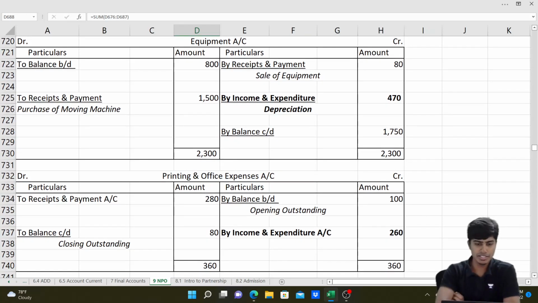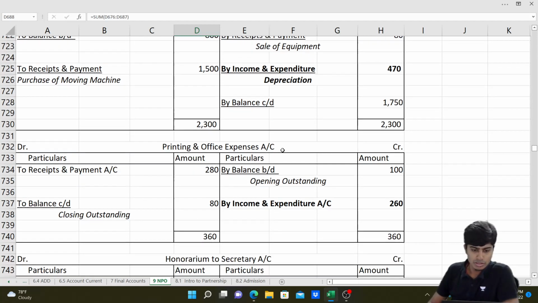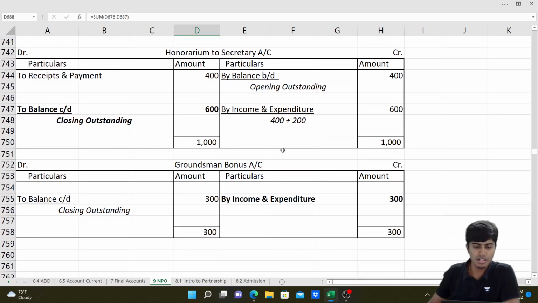I show both of these small, teeny tiny ledgers on a single screen. But what we have after that is our honorarium to secretary and groundsman bonus, which are the last two ledgers.